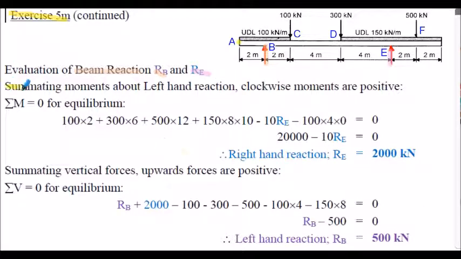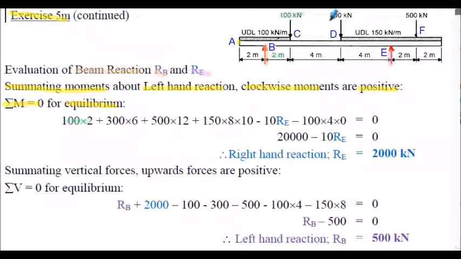I'm going to summate moments about the left-hand reaction, the RB in this case. I'm going to say clockwise moments are positive, so summation of all the moments must equal 0 for equilibrium. So considering my beam, clockwise moments would be 100 kilonewtons multiplied by 2 meters, so 100 times 2.